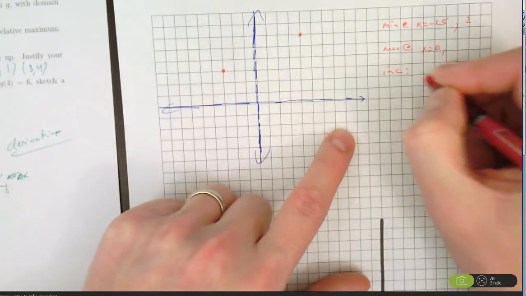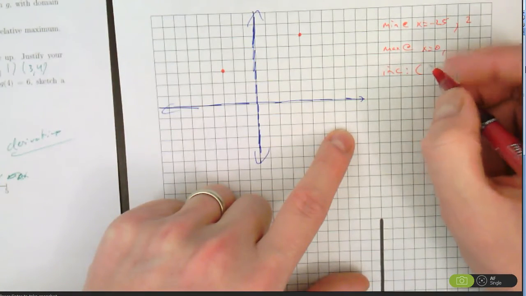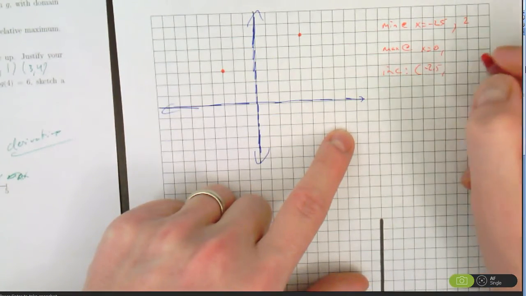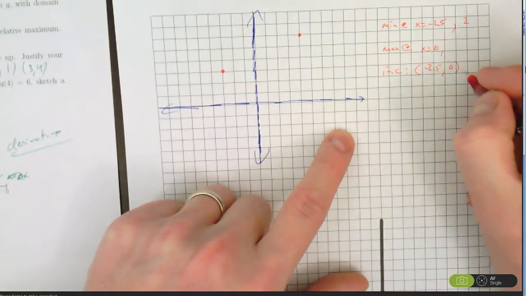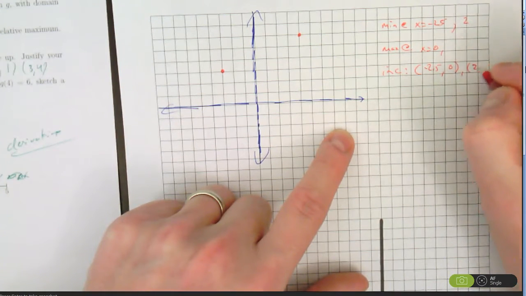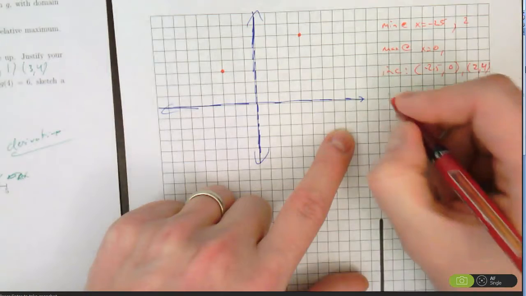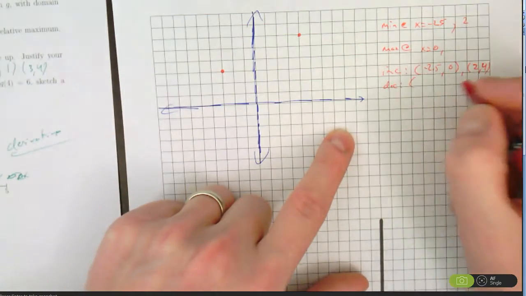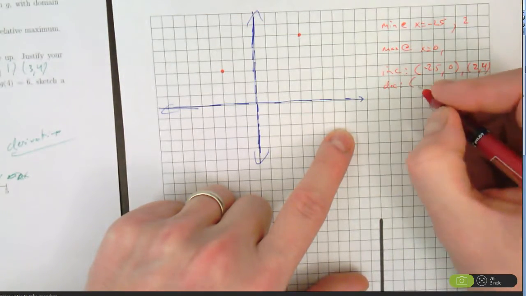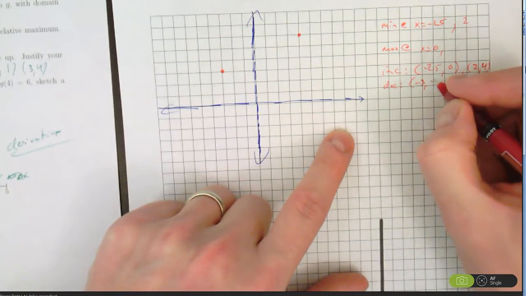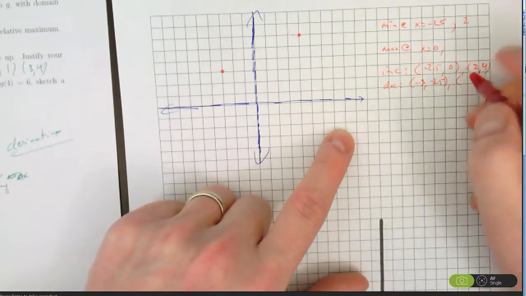I'm increasing from -2.5 to 0, and from 2 to 4, decreasing from -3 to -2.5, and from 0 to 2.